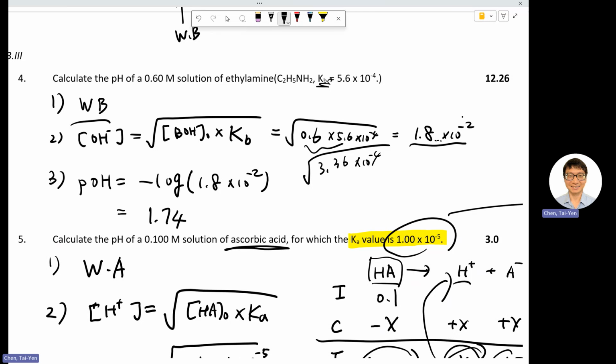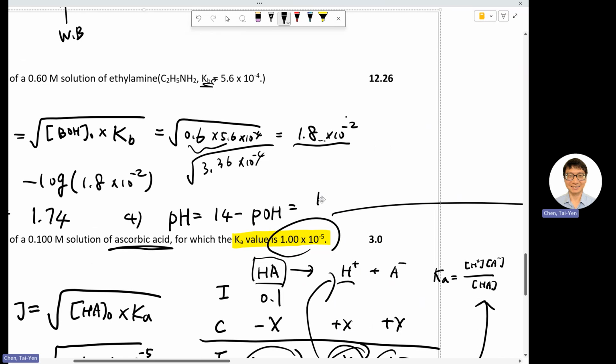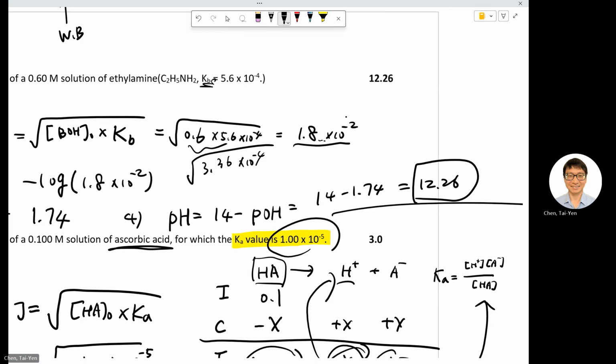That's your pOH, right? Therefore, the pH is going to equal 14 minus your pOH, which equals 14 minus 1.74, which gives you 12.26.